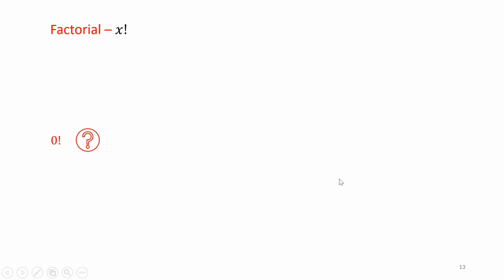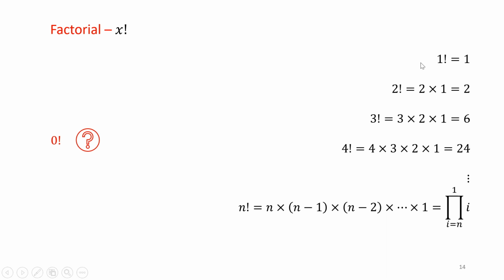Now, given that, we still are asking, what is 0 factorial? Let's repeat that again, and this time, we'll see how it works out. You've seen all of these. But what you'll notice here is that all of them begin from the number n and end at the number 1.